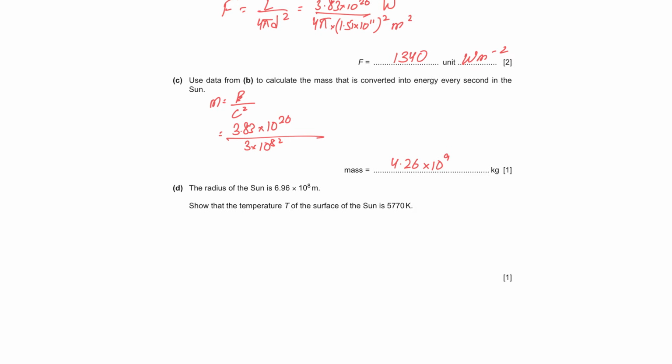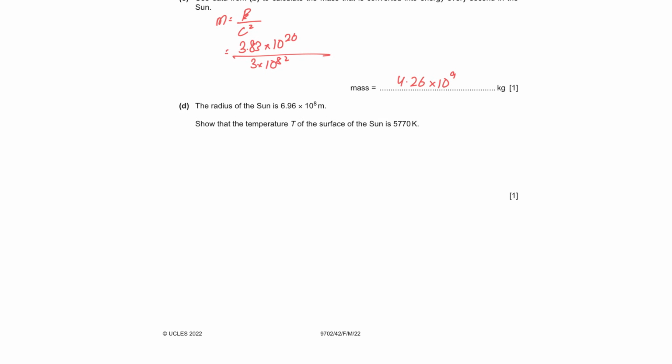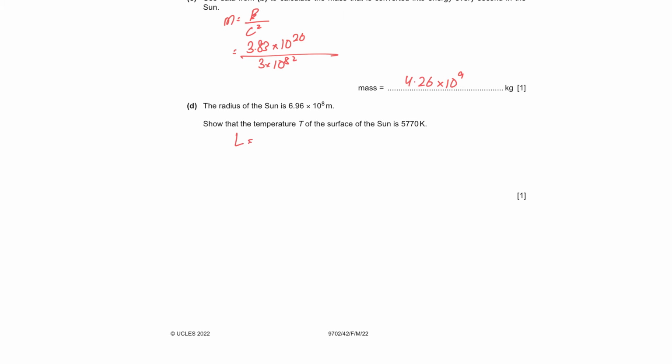Part D says the radius of the sun is 6.96 into 10 raised to the power 8 meters. Show that the temperature T of the sun is 5770 Kelvin. So we'll be using the Stefan-Boltzmann law that basically tells us that the luminosity of a star depends on its radius and its temperature, and the equation is L is equal to 4 pi sigma r squared T to the power 4, where sigma is a constant. So the luminosity of our sun, as given in the question, is 3.83 into 10 raised to the power 26, equals 4 pi.